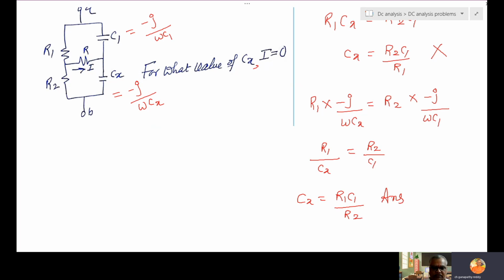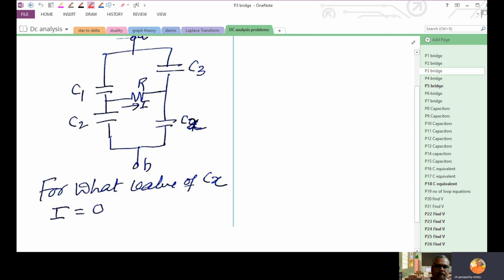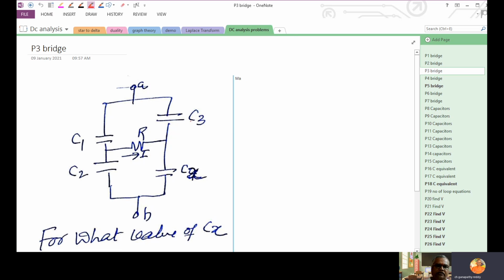So when you are multiplying, see that values are in ohms. That is very, very important to note. If all are capacitors, how can we do? In this problem, for what value of Cx is I equal to 0? But in this, all are capacitors.